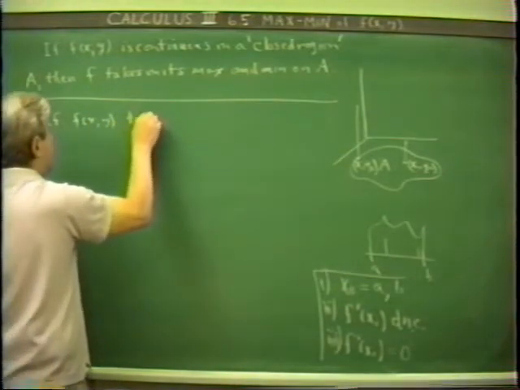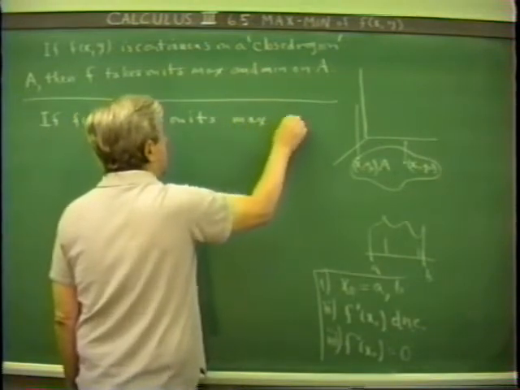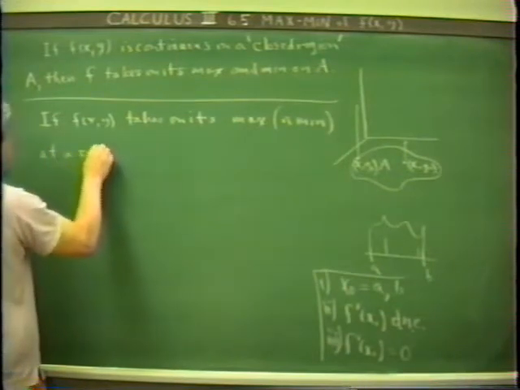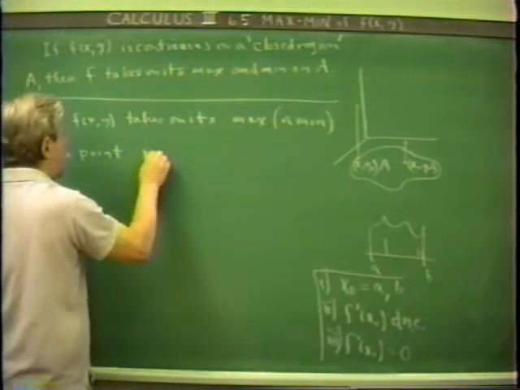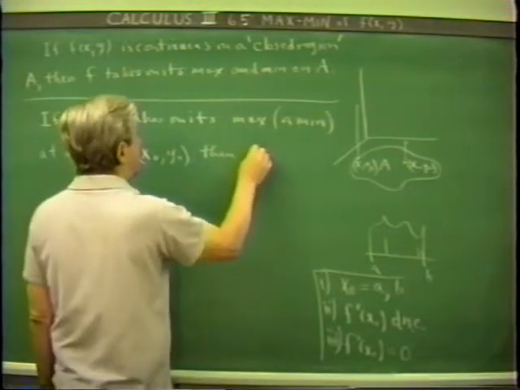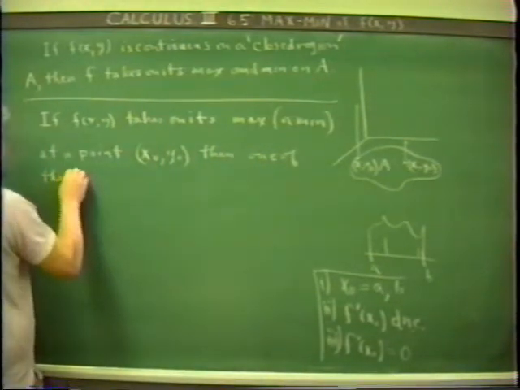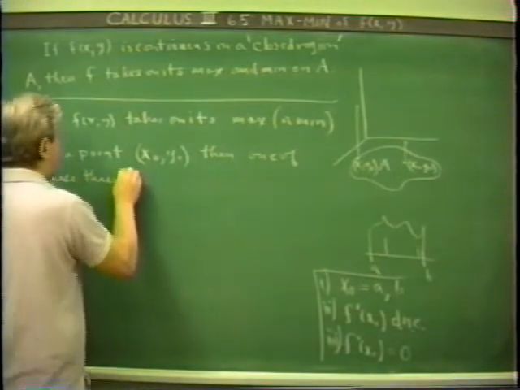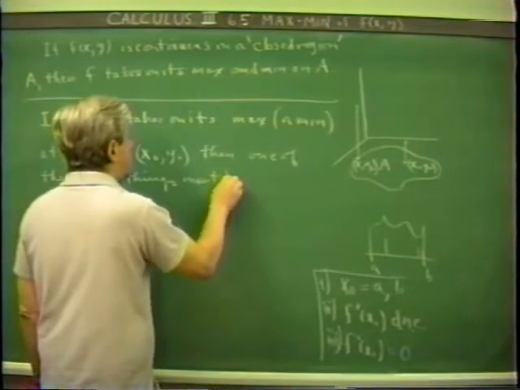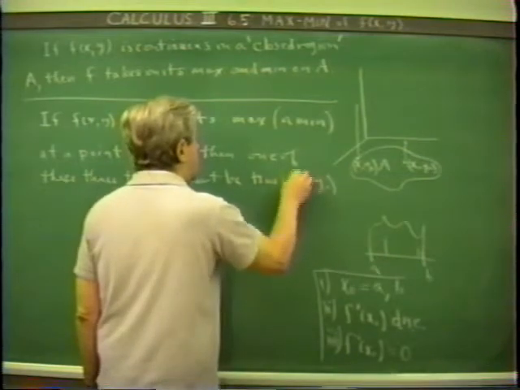If f of x and y takes on its maximum or minimum at a point x naught, y naught, then one of these three things must be true of x naught, y naught.